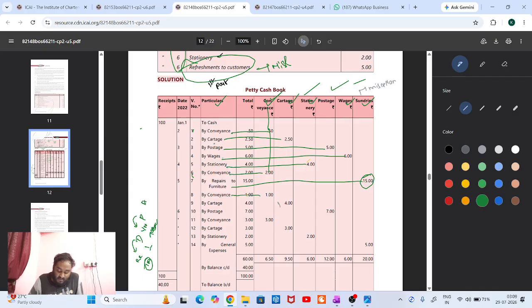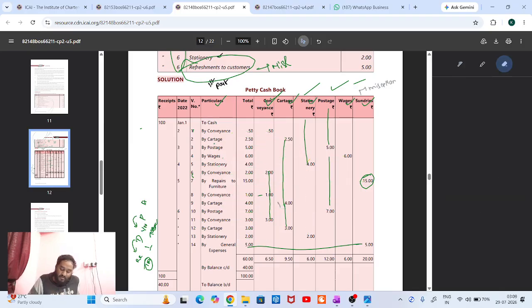Conveyance again. Cartage. Postage. Conveyance again. Cartage again. Stationery again. General expenses here.